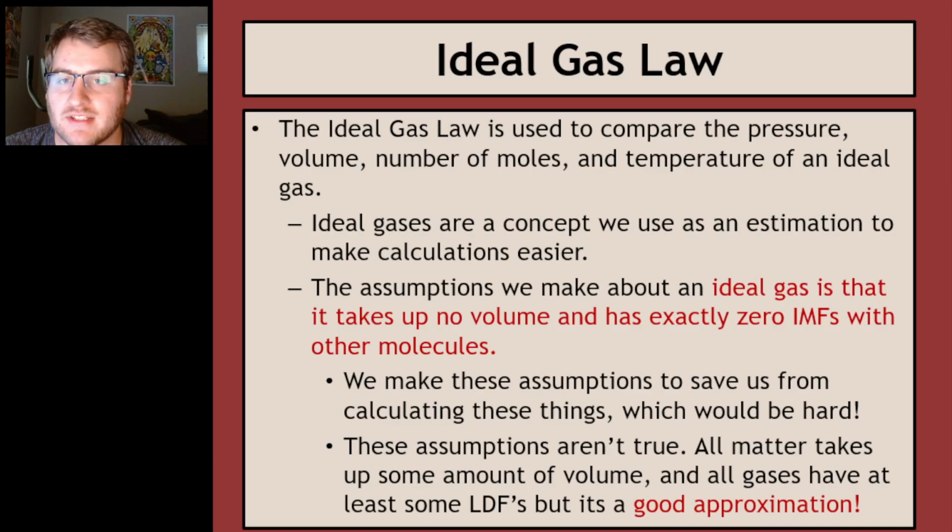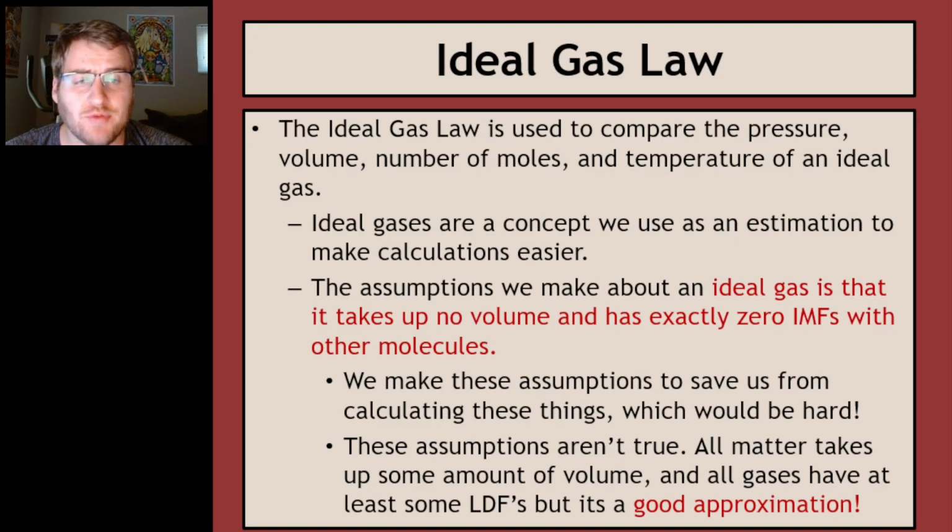And that would affect some of the calculations for pressure and temperature, because the volume would be a little bit lower than expected. But gases are really tiny, so they don't take up much space. Even when you add them all together, they're not taking up a ton of the space in the room, which is why that's a reasonable approximation to make. If you didn't make that approximation, you'd have to calculate the volume of all the different molecules, add them all together, and subtract that from your total volume, which sounds like a pain in the butt.